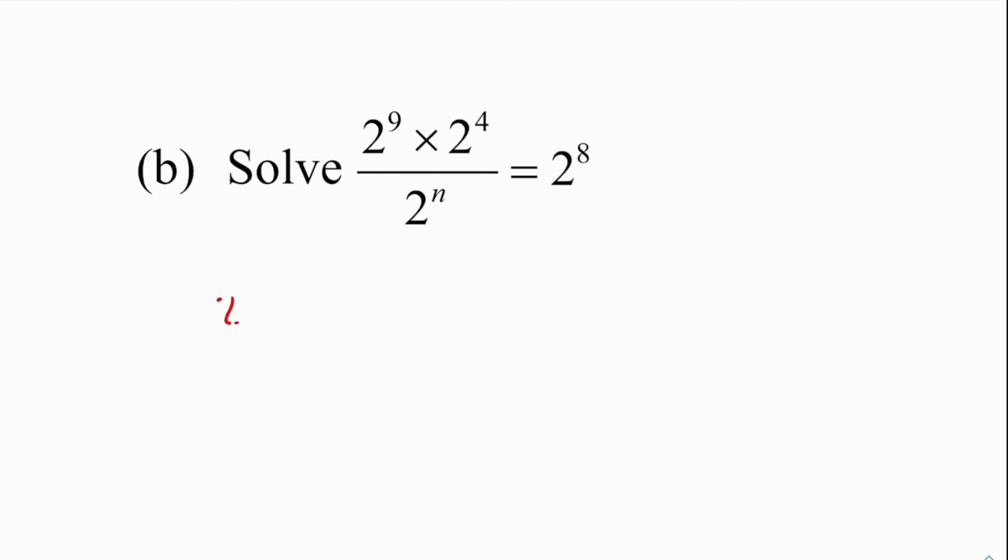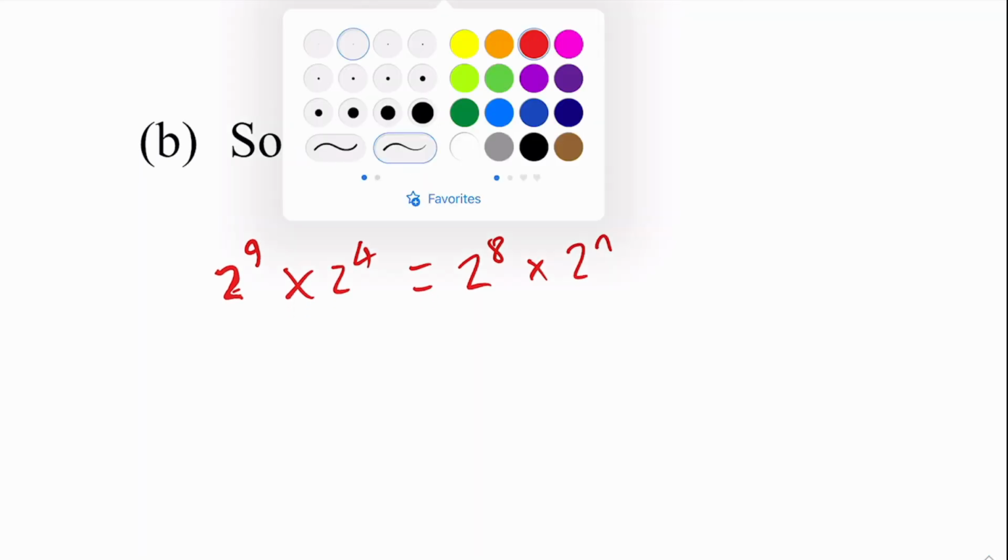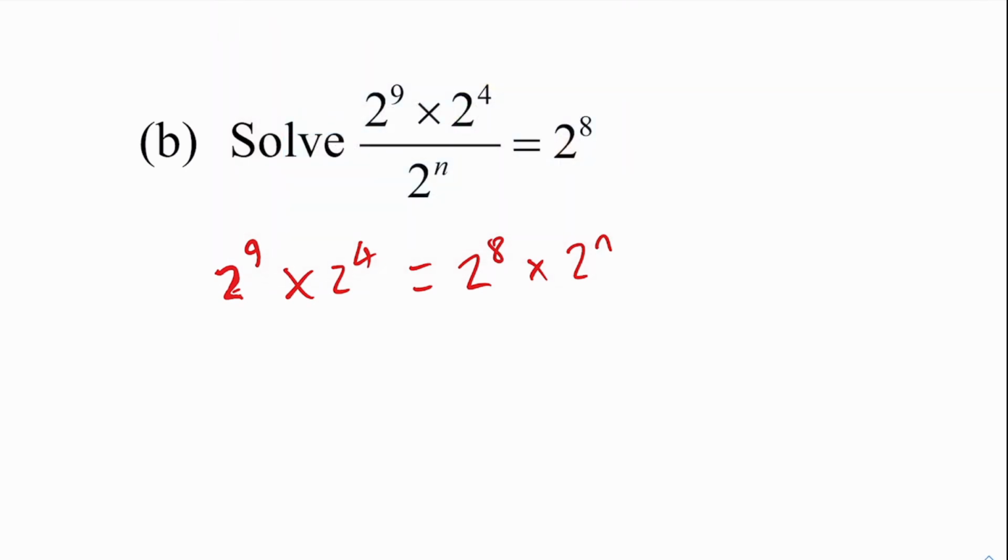So we have 2 to the power of 9 multiplied by 2 to the power of 4 is now equal to 2 to the power of 8 multiplied by 2 to the power of n. Okay, next step, we need to solve the left hand side. So we have 2 to the power of 9 plus 4, which is 13, and this is now equal to 2 to the power of 8 multiplied by 2 to the power of n.